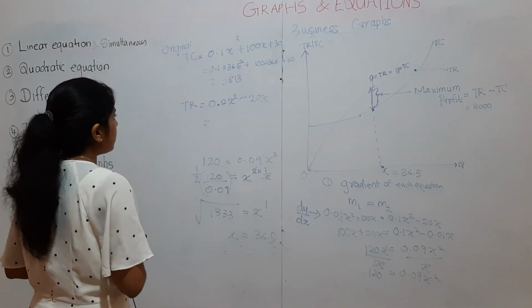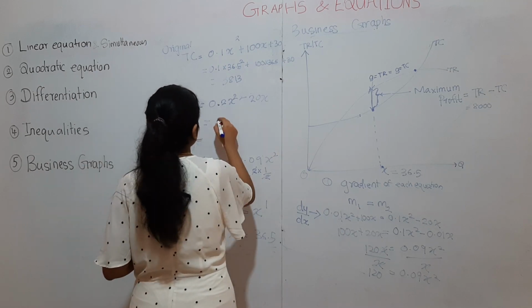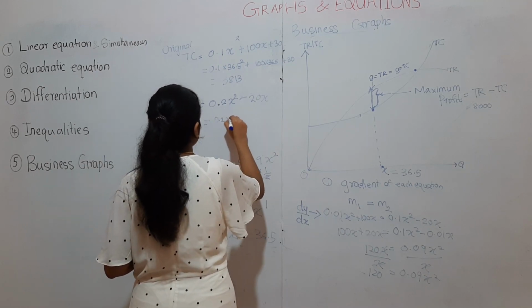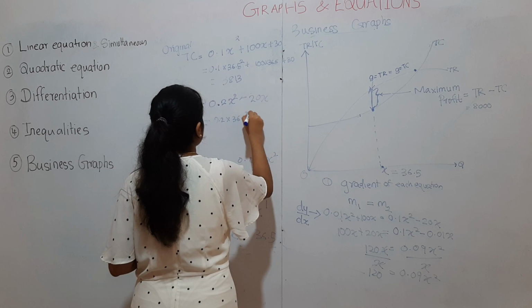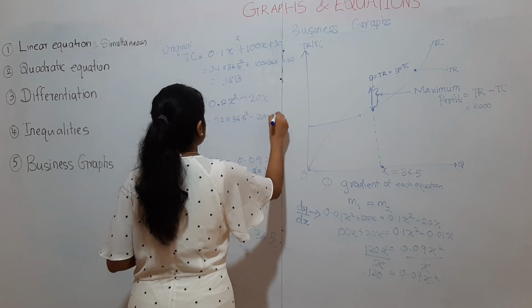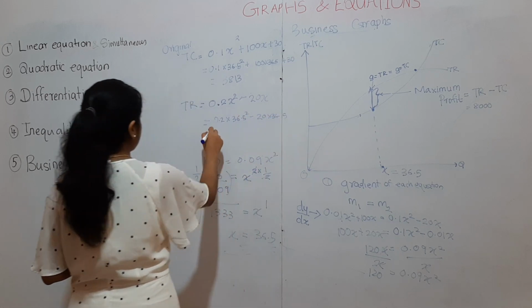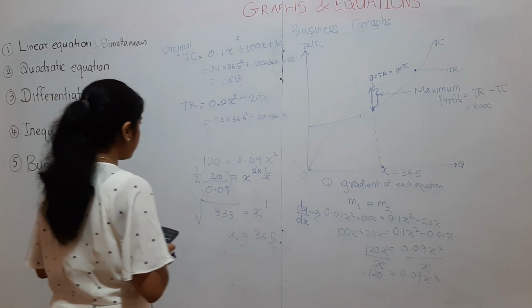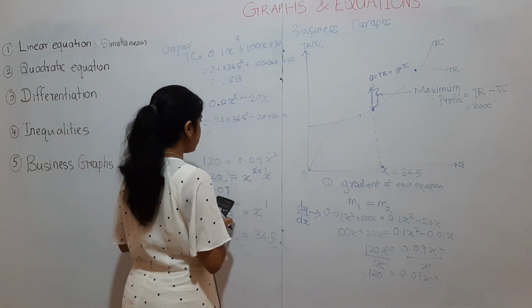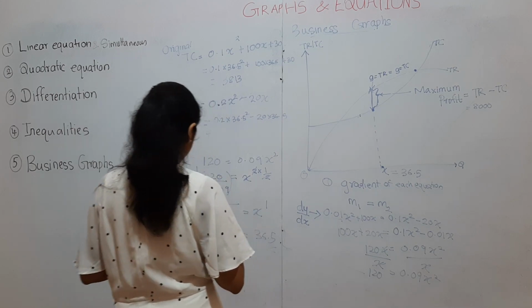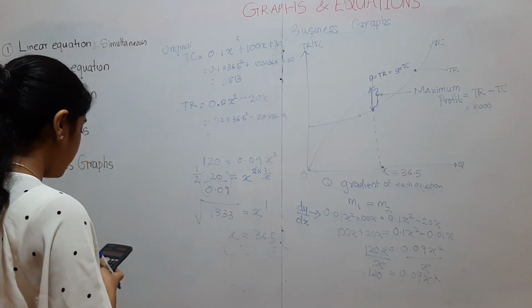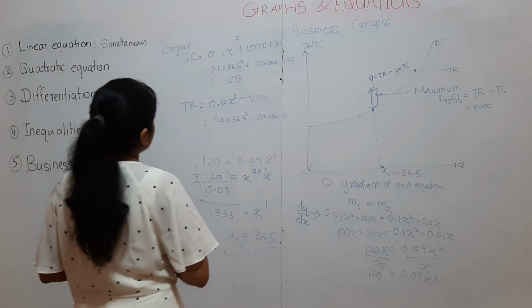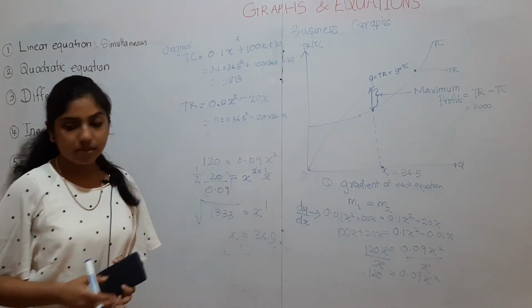Then I'm going to take 0.2 multiplied by 36.5 squared minus 20 into 36.5. It gives an answer of 36.5 squared multiplied by 0.2 minus... it's a bit weird. This is a bit weird.